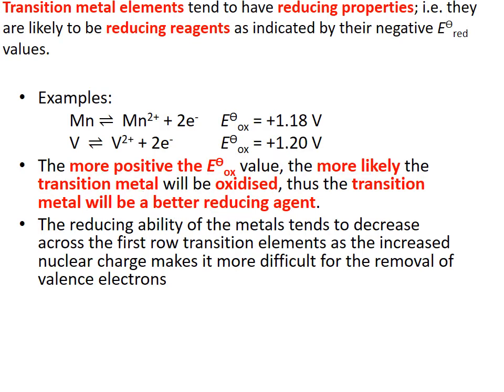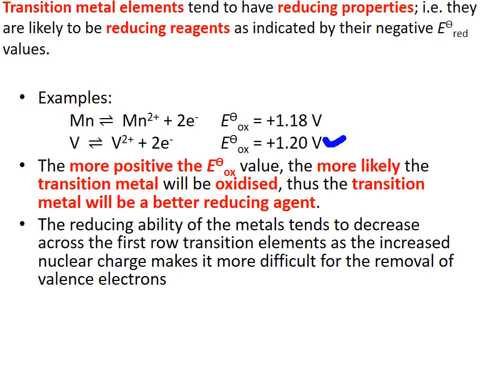Is it correct? Because you understand that a good reducing agent must be easily oxidized. So therefore, if I want the transition metal to be a good reducing agent, it surely has to be easily oxidized. If you compare manganese and vanadium, who is a better reducing agent?